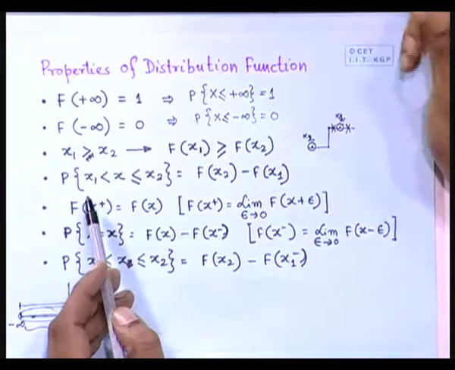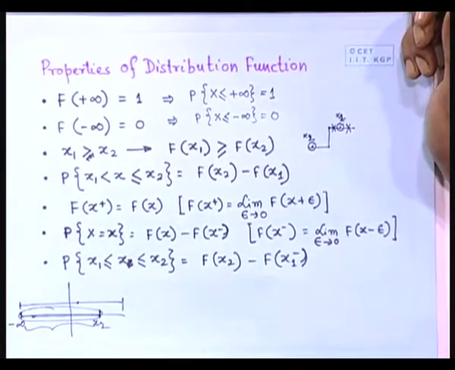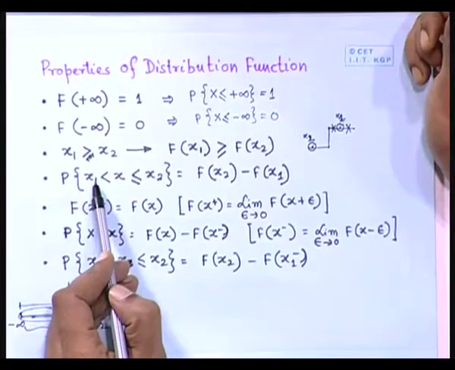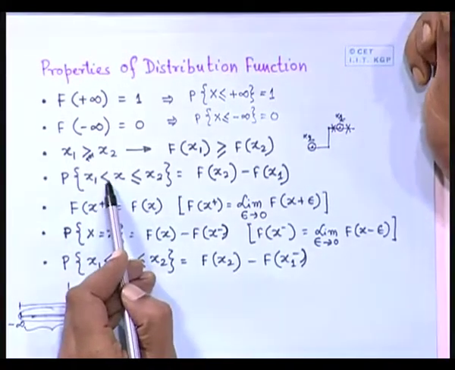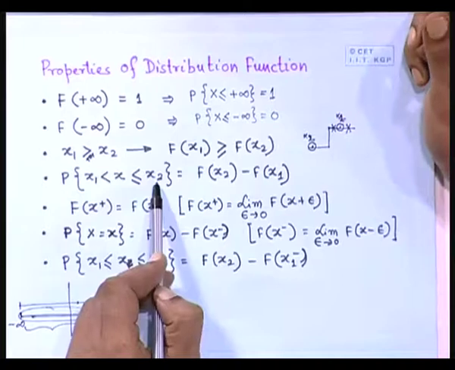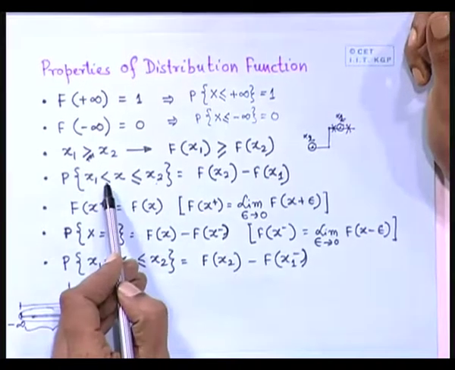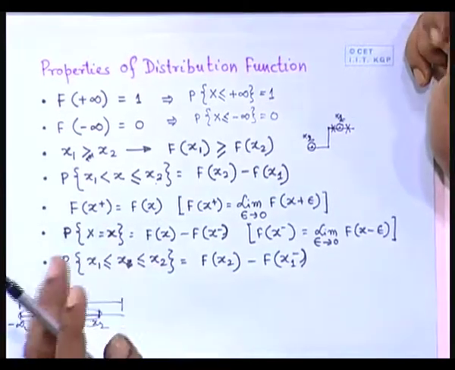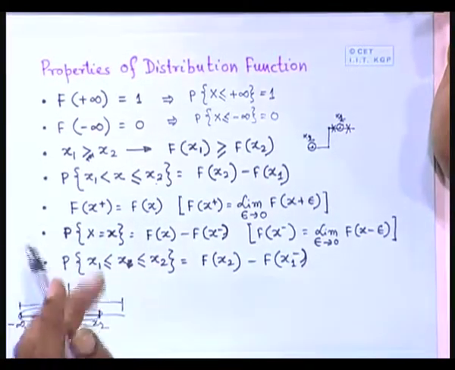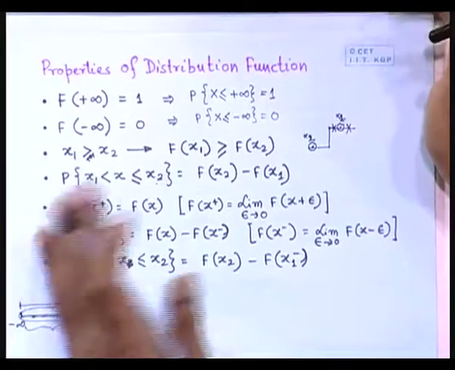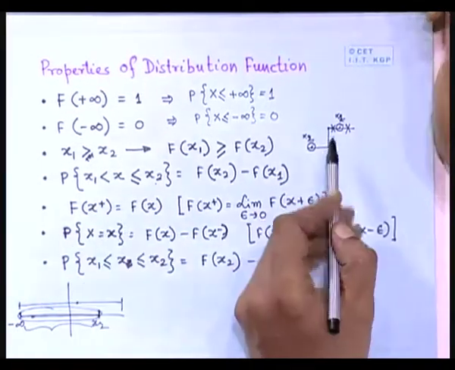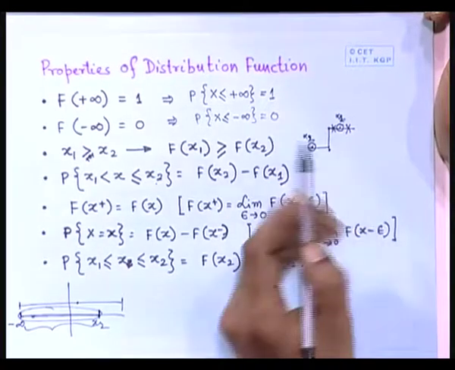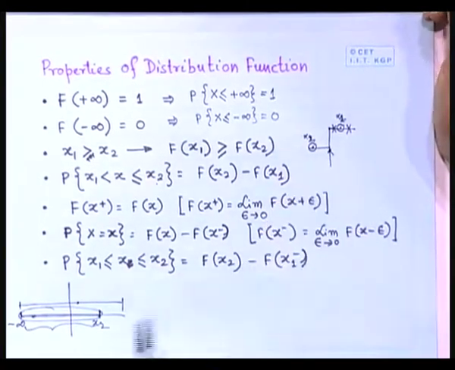Now, then it says that the probability of x greater than x1 and less than or equal to x2. What does it mean? Remember that we are having less than x1 and less than or equal to x2. This is to take care of discrete jumps. If the probability distribution function was absolutely continuous... this is a discontinuous function. It takes a jump exactly at some point.